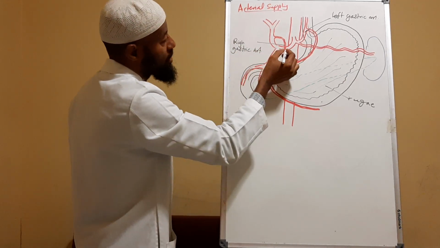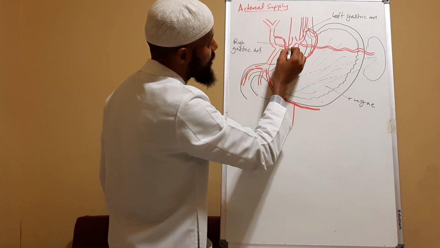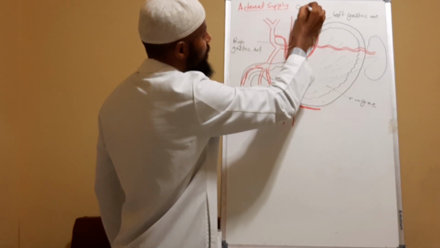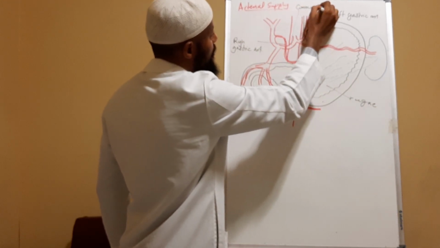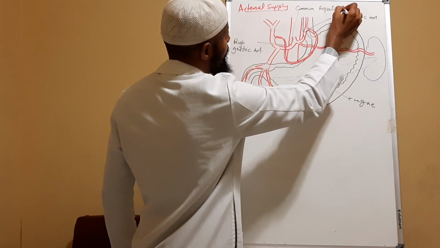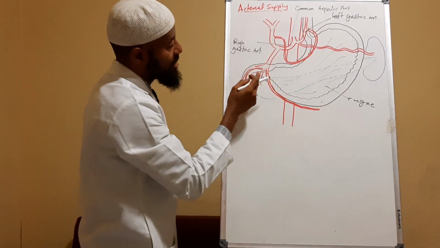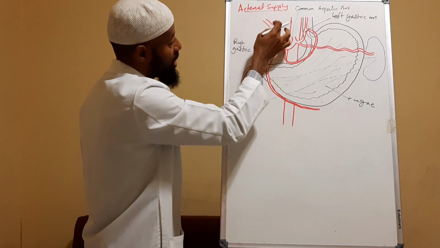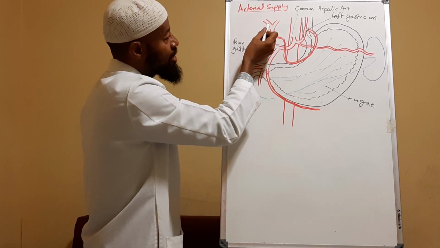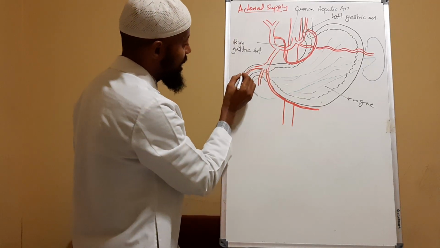Okay, and that's your common hepatic artery. Okay, now remember that the common hepatic artery will bifurcate into a right hepatic artery and a left hepatic artery. We'll talk about that in a short while.